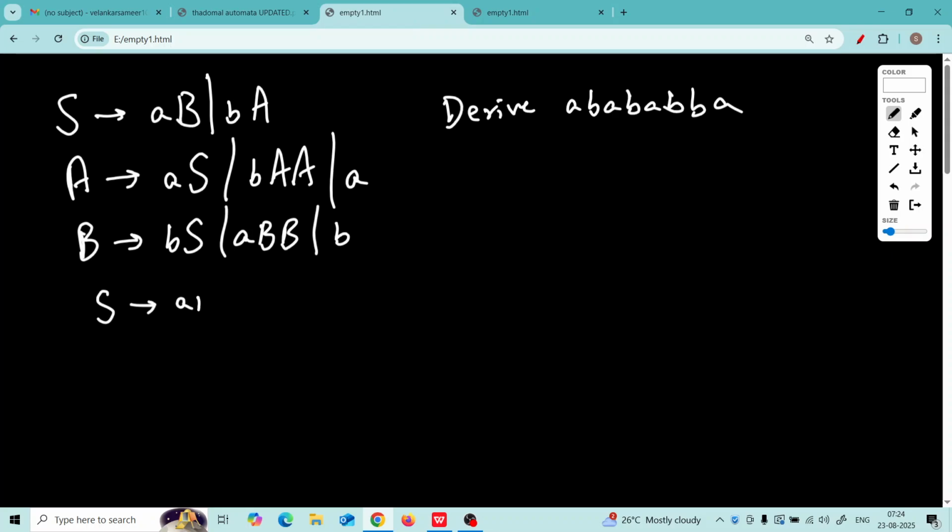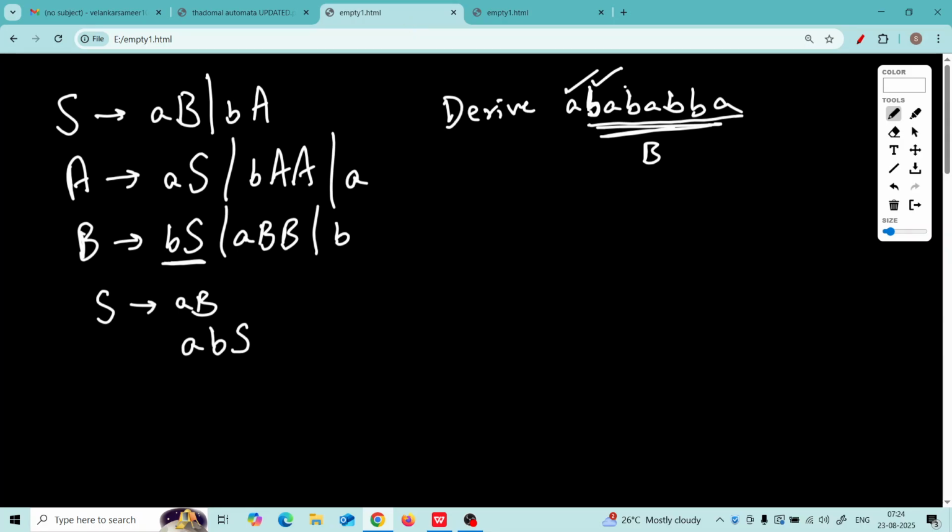So what was our first step? S gives AB. First A derived. Now somehow B should give this, and if B is going to give this, then we want the letter B. Then the only production we can use is this. So A is still there, but B gives BS. Correct? Capital S. So AB is generated.